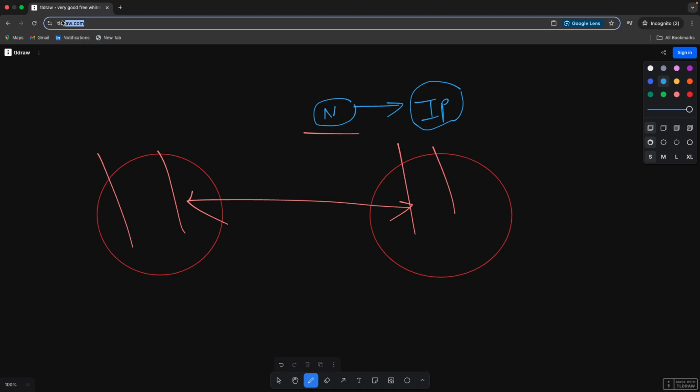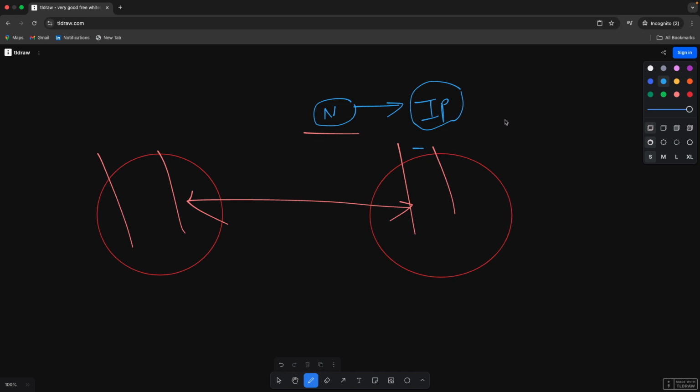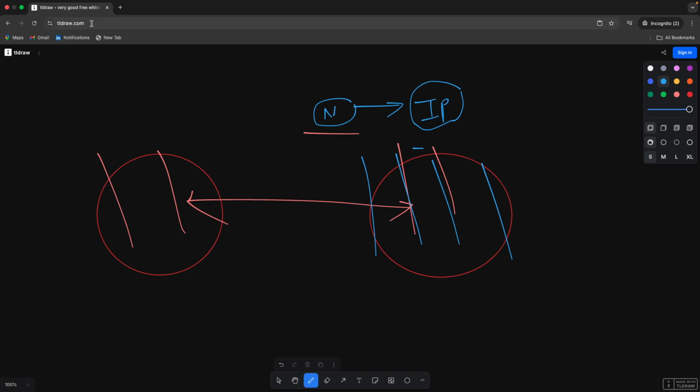For humans, it is very easy to have this name written, instead of typing the actual IP address of the computer. But remember, when we want to send a request to this computer, for the computer, this tl.com is garbage.